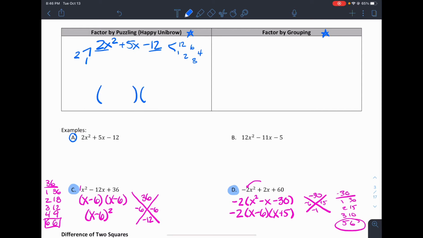I'm going to set up my parentheses. And I know I need a 2x and an x. I have no other way to get to 2x squared. I need to use 2 and 1. But now I need to decide how I'm going to mix and match these factors to make the positive 5.